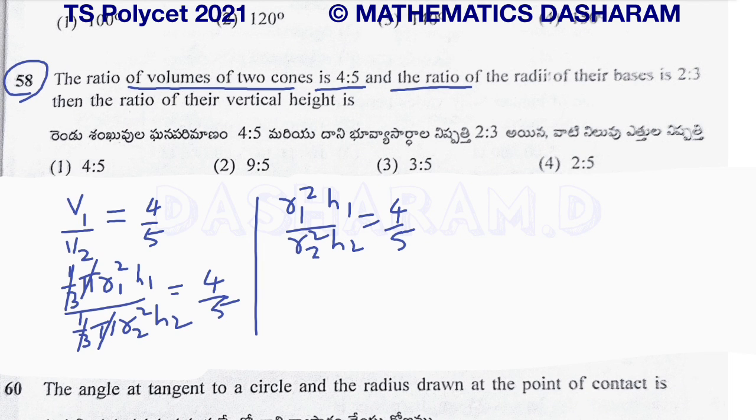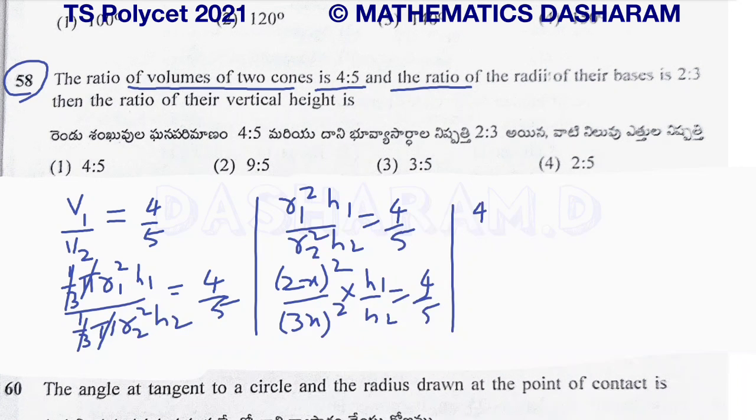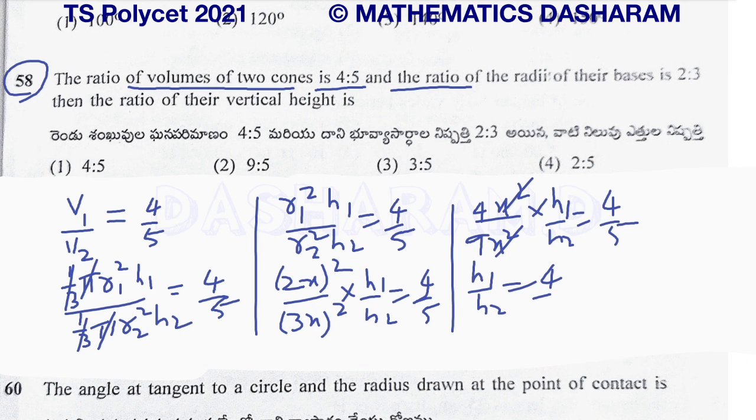Next, the ratio of the radii is given as 2:3. That means the radius of the first cone is 2x, the radius of the second cone is 3x. So 2x whole square divided by 3x whole square into h1 by h2 equals 4/5. 2x whole square is 4x square, 3x whole square is 9x square. x square cancels, so 4/9 times h1 by h2 equals 4/5.